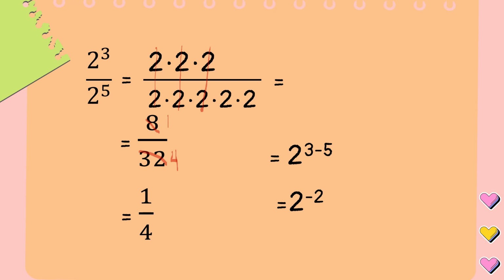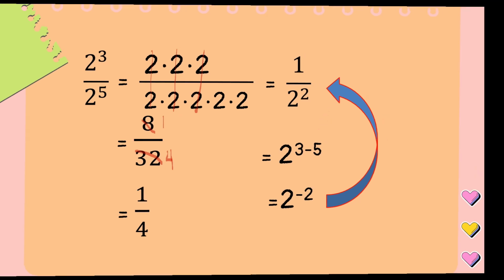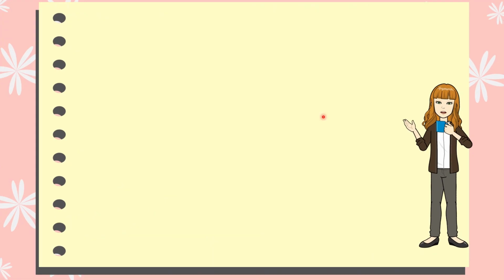So what's left is 1 over 2 times 2, which is 2 squared. So therefore, 2 raised to negative 2 is simply equal to 1 over 2 raised to 2. This is the negative law of exponents.